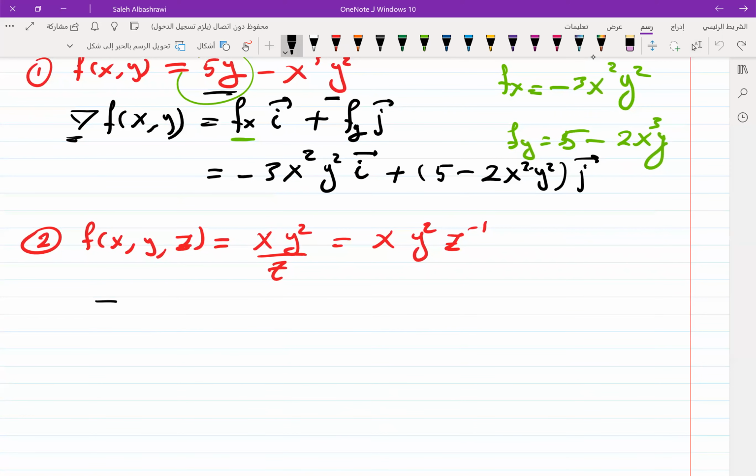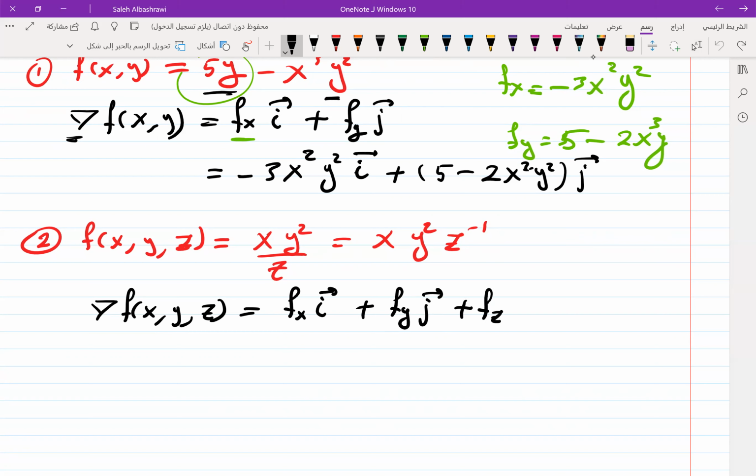The gradient of f of x, y, z equals the partial derivative with respect to x i plus the partial derivative with respect to y j plus the partial derivative with respect to z k. Differentiating with respect to x, it will be y squared z to the power minus 1 i. This is the first component.